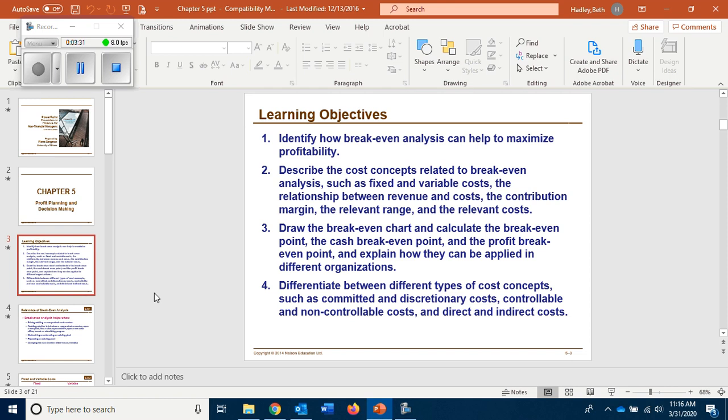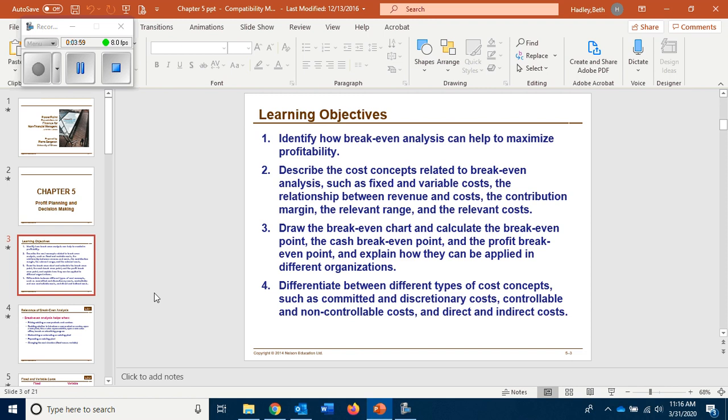You only incur those costs on the sale of a product, so they're variable, they change. So if you remember looking at the cost of goods sold, that stuff is sitting in inventory until it's sold. So that's when it comes out of inventory and hits cost of goods sold on your income statement. Okay, so those would be variable costs.